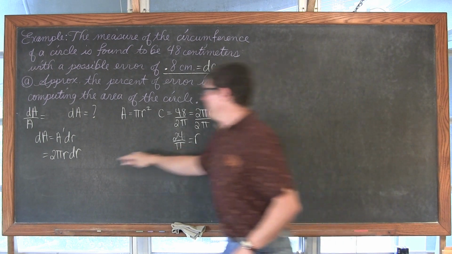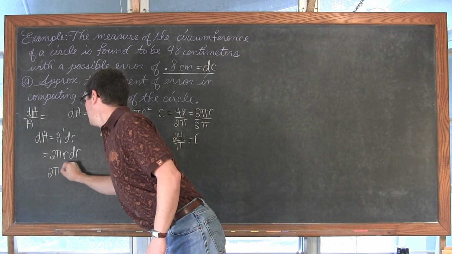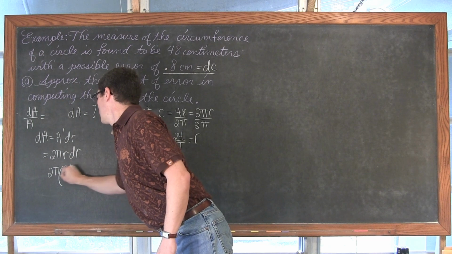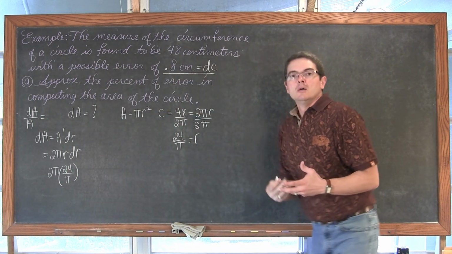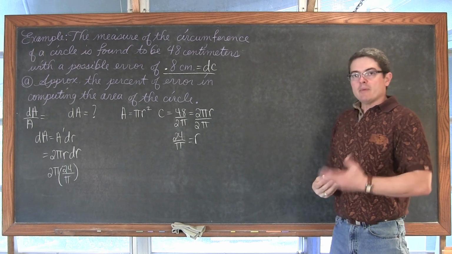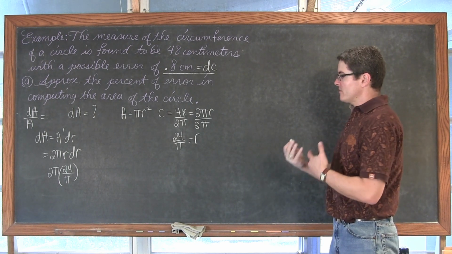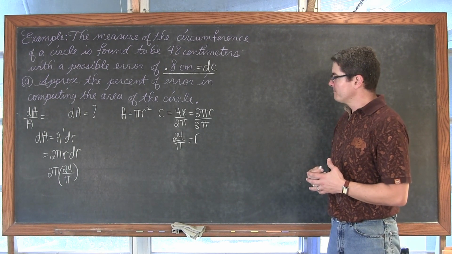Okay, great. So I can come in here and get 2 pi times 24 over pi, but I still don't know my differential in the radius, my measurement error in the radius. Well, what's that?